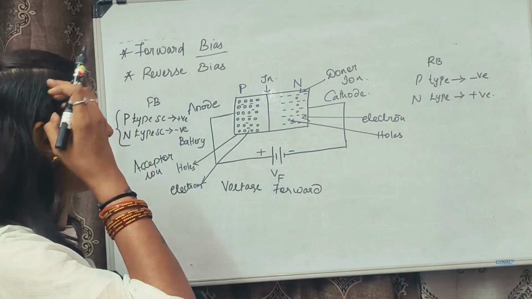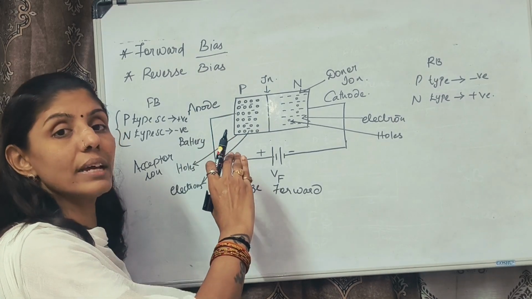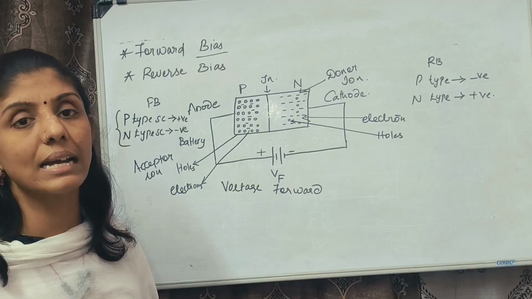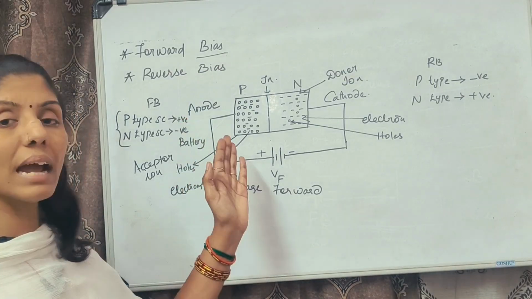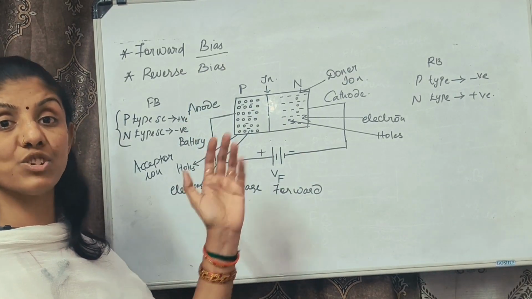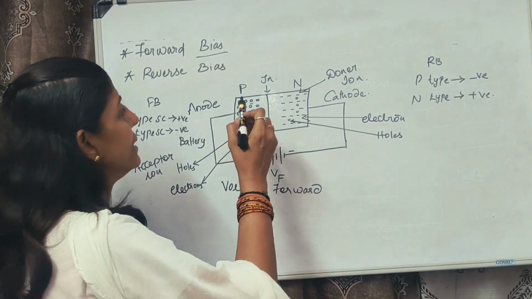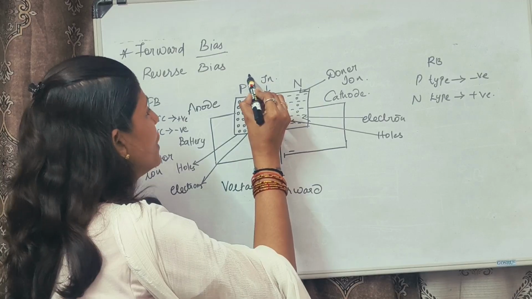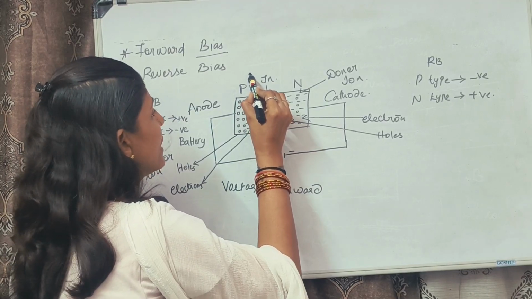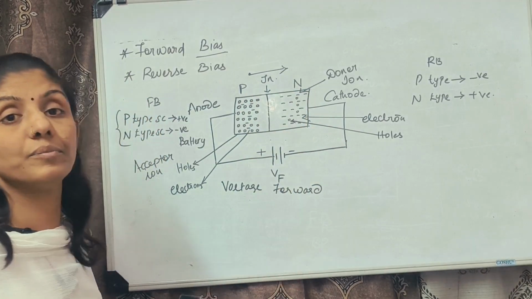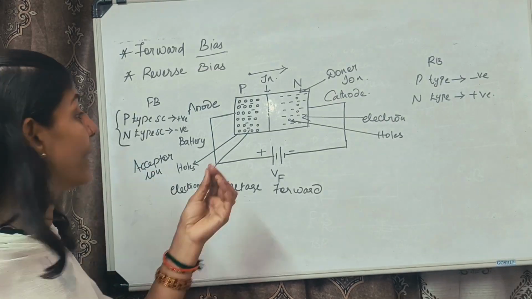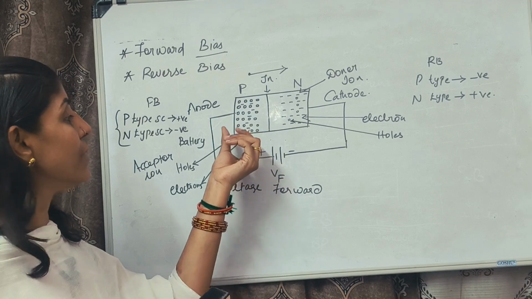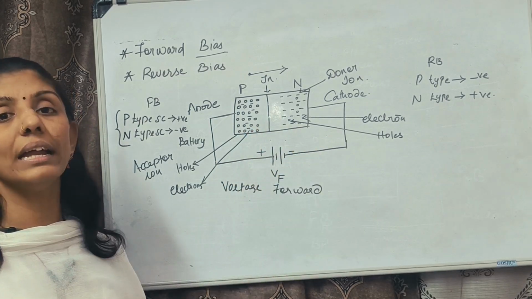Once the charge carriers move from one place to another, we call it a current. But what kind of charge carriers are moving? Majority charge carriers are moving. The holes, which are the majority charge carrier on the p side, move from the right side to the left side.